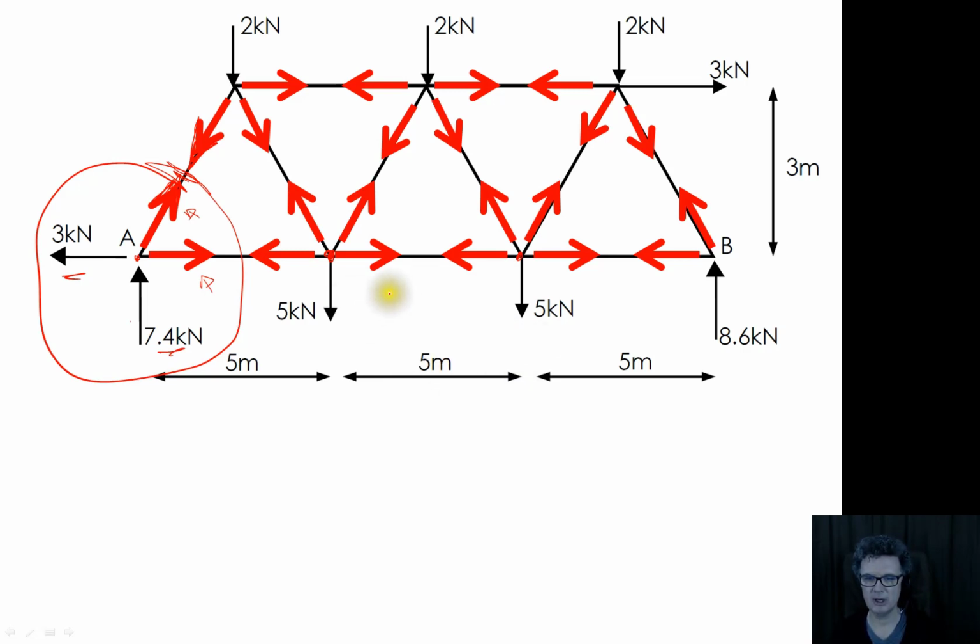So that would mean if they're going in this direction, they're in tensile. They're being pulled apart. Okay, and we're going to assume that's true for all the members. So what we're then going to do is calculate what those internal forces are, and if they turn out to be negative, i.e. they want to be pointing the opposite way, we can say, that's good. That force must be in compression.